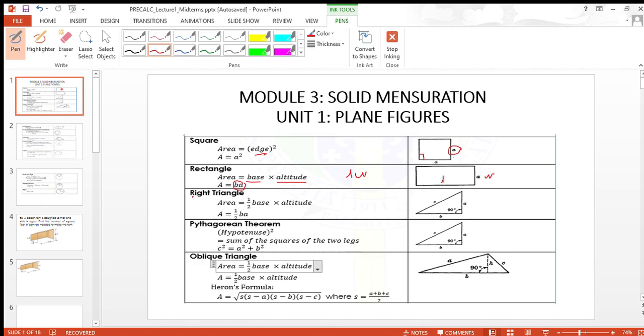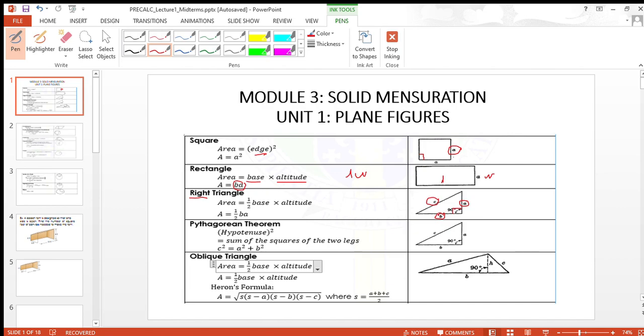And then for the right triangle, of course, a triangle is a polygon wherein we have three sides. One property of a right triangle is that we have one 90-degree angle, or one right angle. The side opposite the 90-degree angle is the hypotenuse, while these sides here are called the legs.